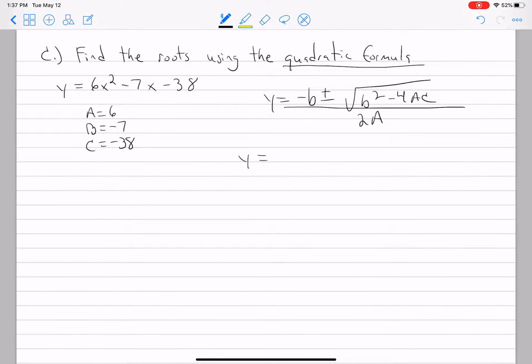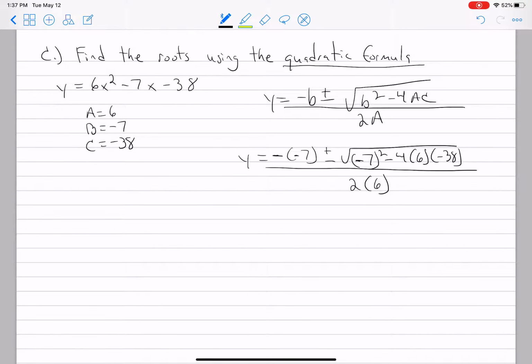So y equals -7 plus or minus the square root of -7 squared minus 4 times a times c, over 2 times a. So I end up with 7 plus or minus, I get 12 at the bottom.